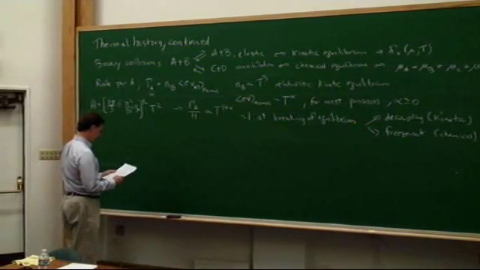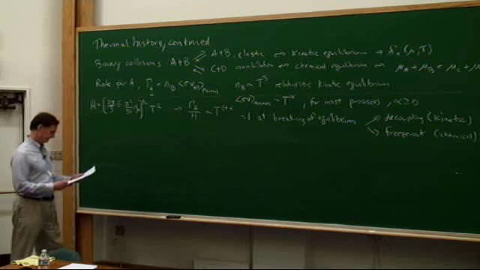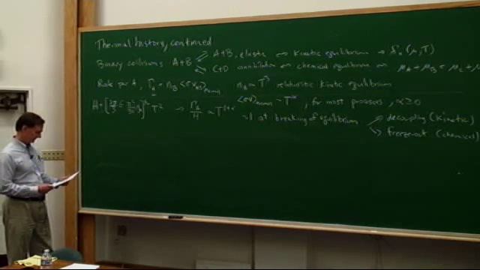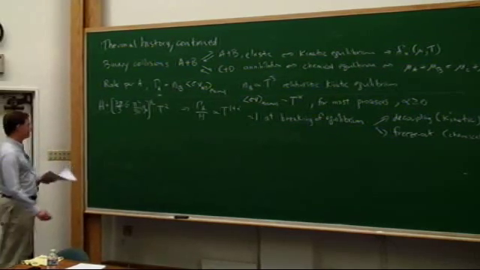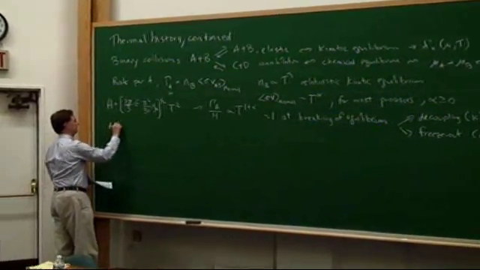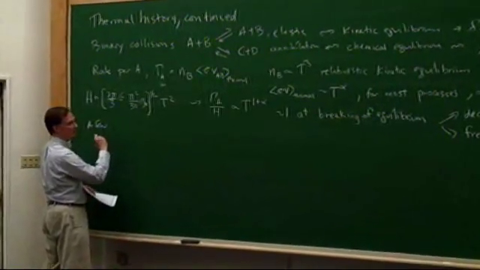And we can look at this schematically. Well, let me not get ahead of myself. Let me consider a few important examples of this process, the freeze-out or the kinetic decoupling.